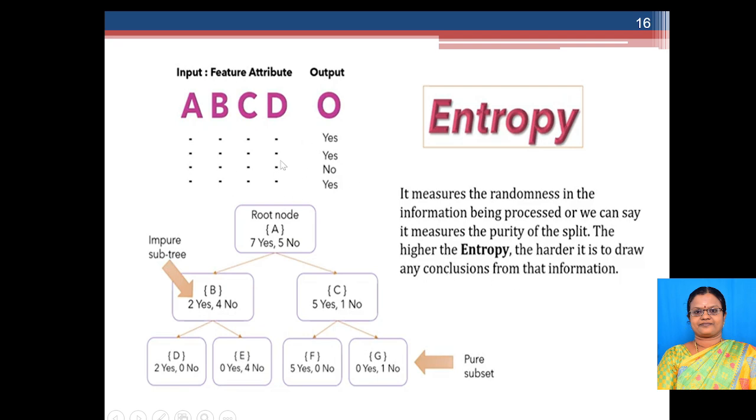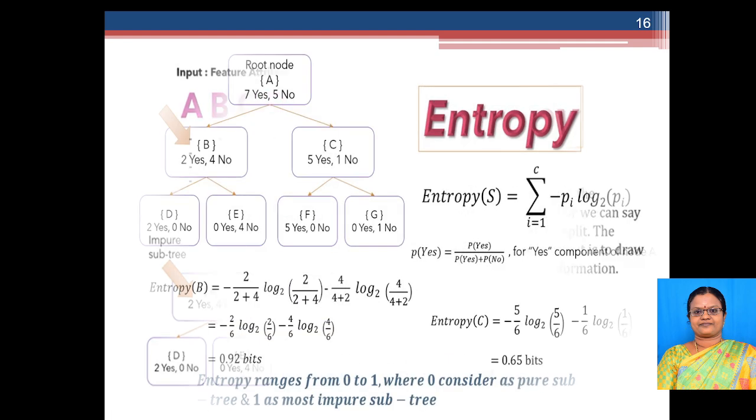For example, I have a set of nodes which has both yes and no. I have to apply some algorithm, maybe ID3, CART or C4.5, and finally I should end up with a pure subset where I have either yes or no. That is entropy.